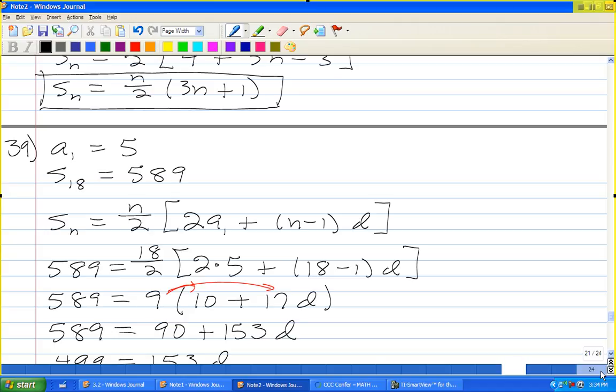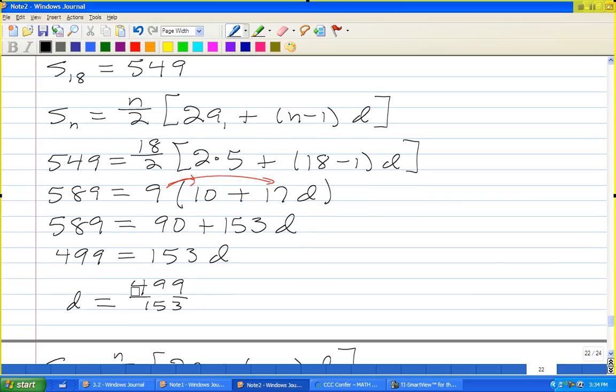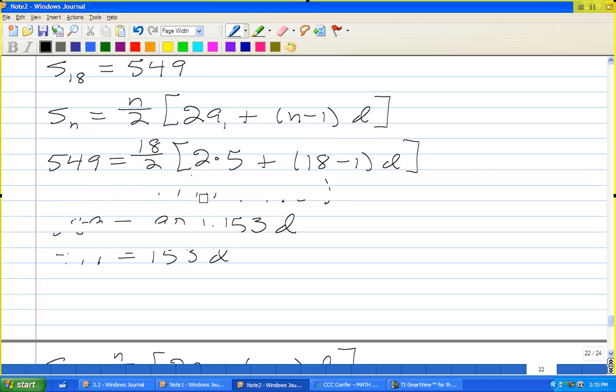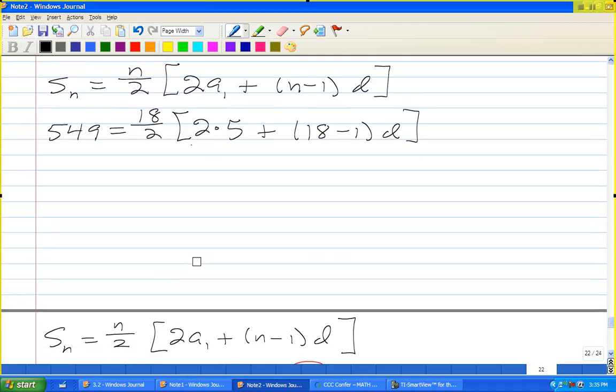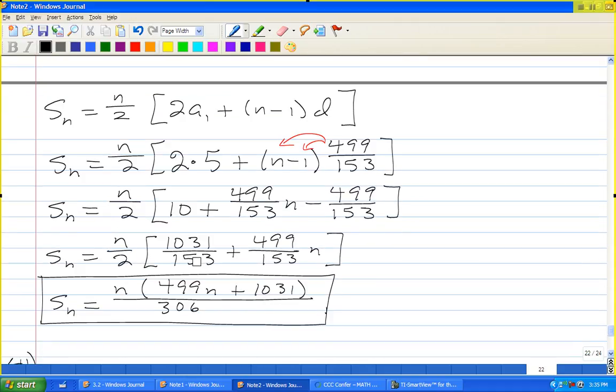Oh, I wrote it wrong. It's 549, which makes everything much easier. Oh, it's divisible by 9. So the sum should be 549. So that'll make that formula just much easier.